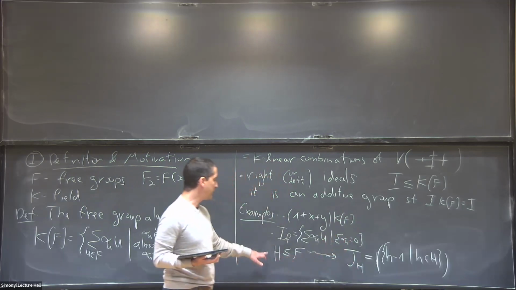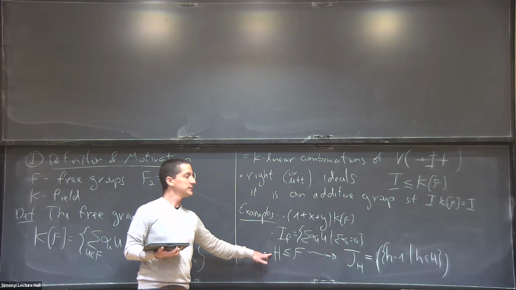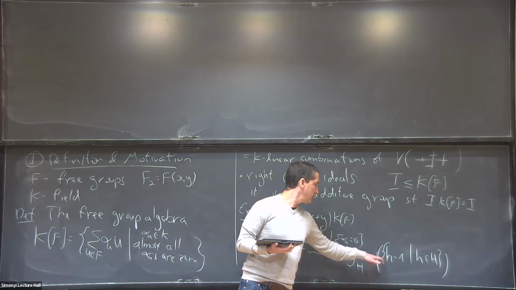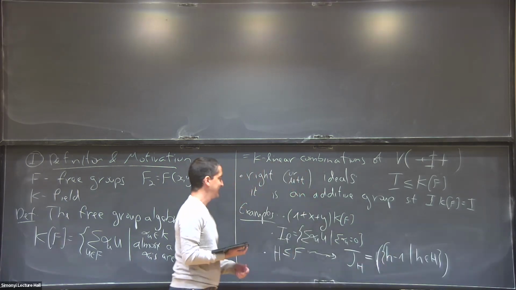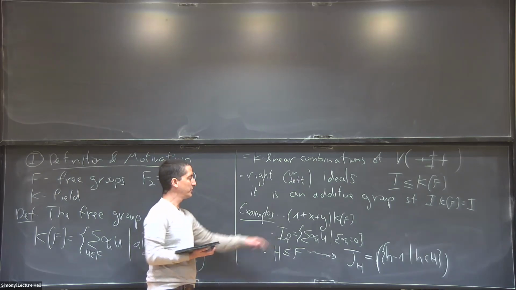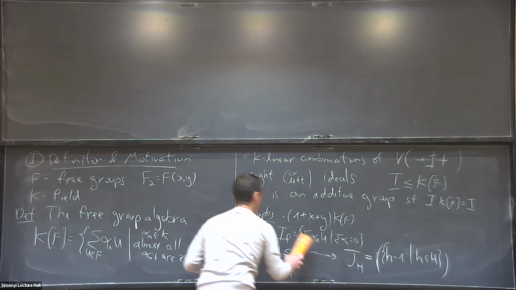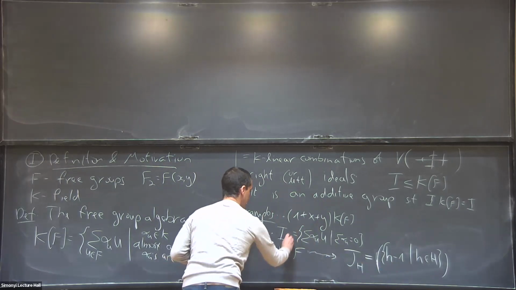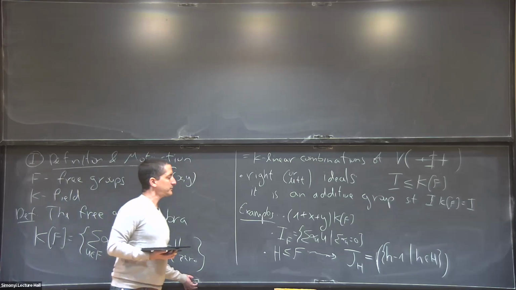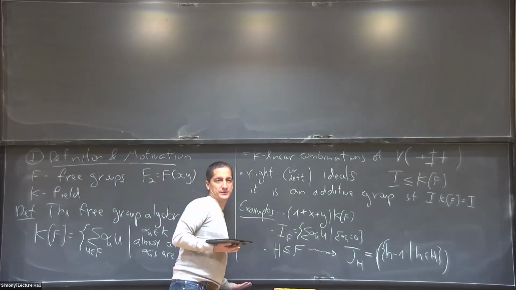For example, if H is the entire group, you get the augmentation ideal, which I should have denoted by I_F. Any questions so far?